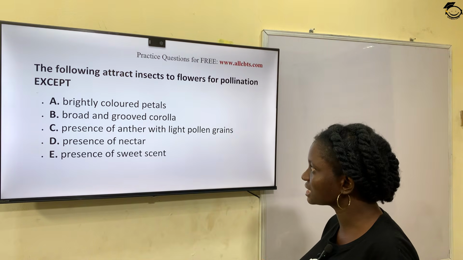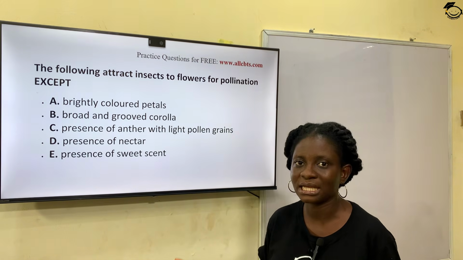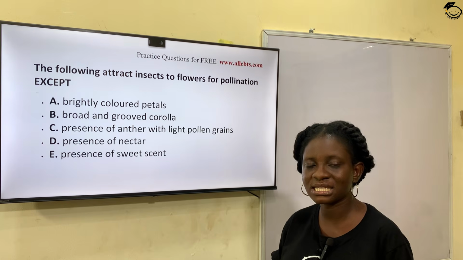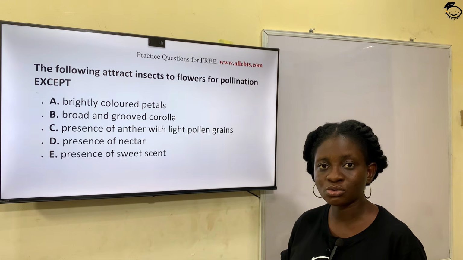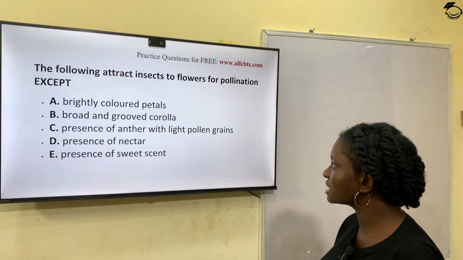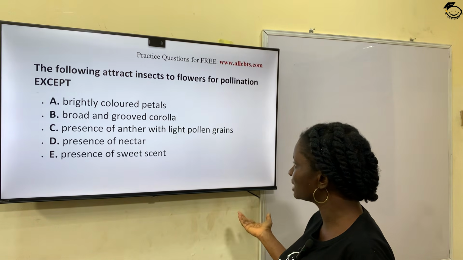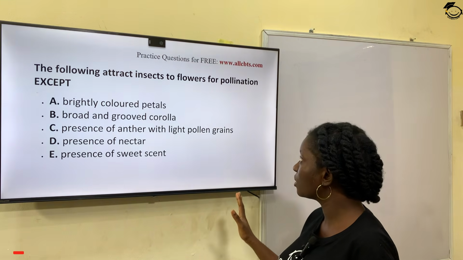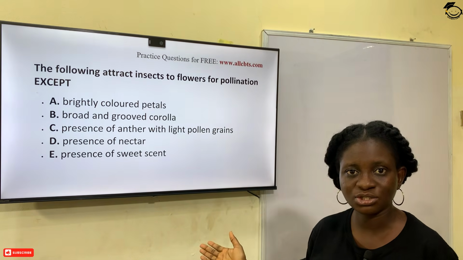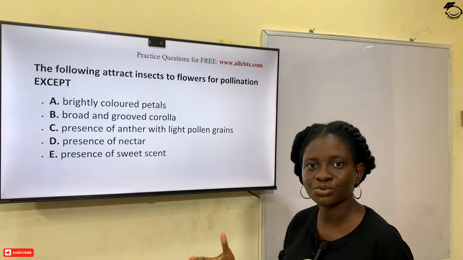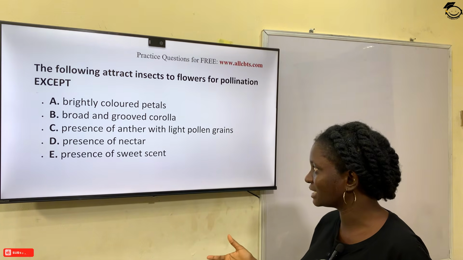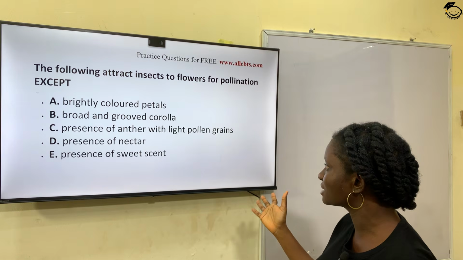The broad and grooved corolla provides a safe platform for insects, the pollinators, to land. The presence of anthers with light pollen grains does not occur for insect pollination. It's mainly for wind pollination.